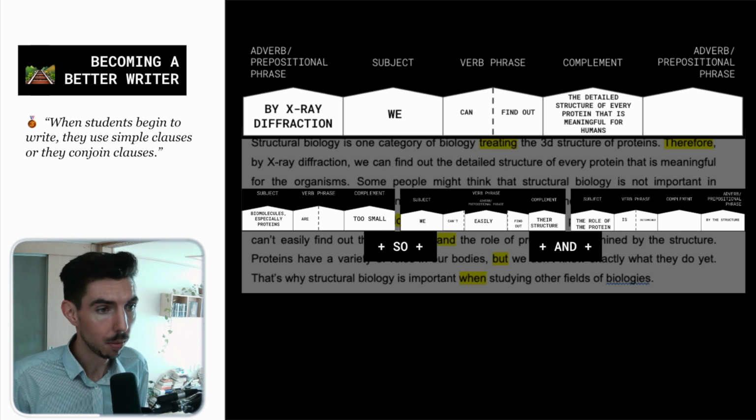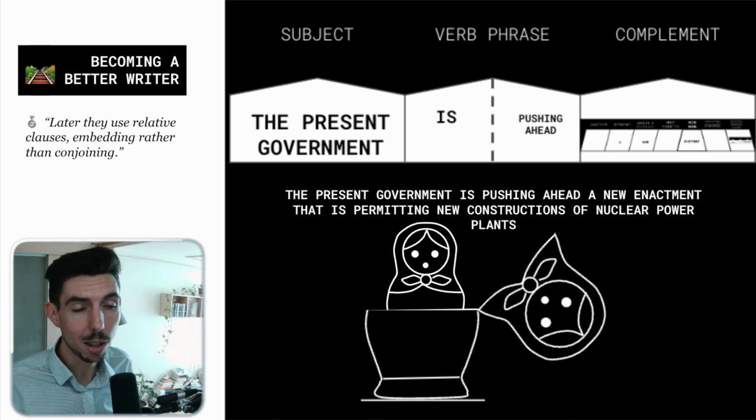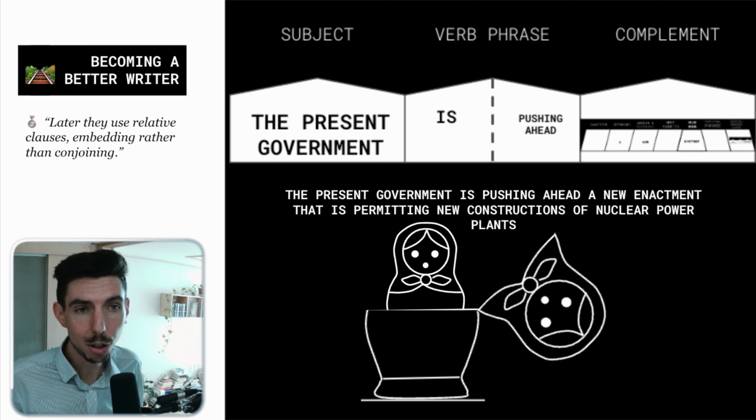So what's the second level that Hunt identifies? He says later they use relative clauses, embedding rather than conjoining. Okay, so this is where we move beyond conjoining with coordinating conjunctions and sentence connectors. When we're embedding, it's a lot like these Russian matryoshka dolls. I hope I'm saying that correctly. I've never actually heard that word, but I think it's matryoshka dolls, the doll inside of a doll inside of a doll.